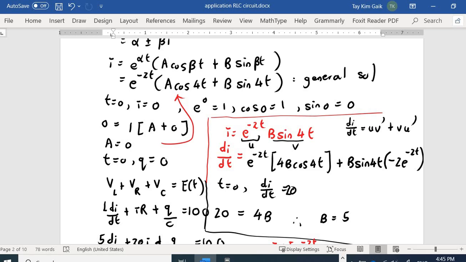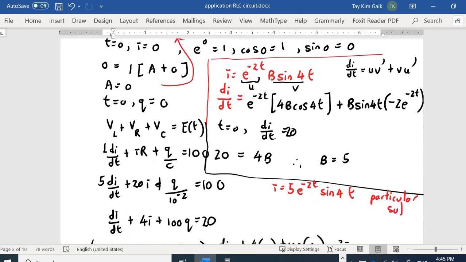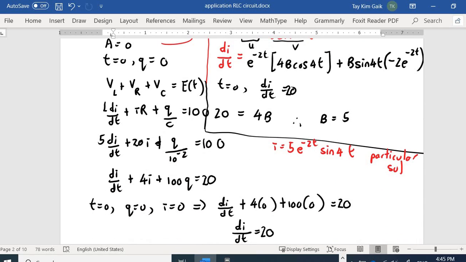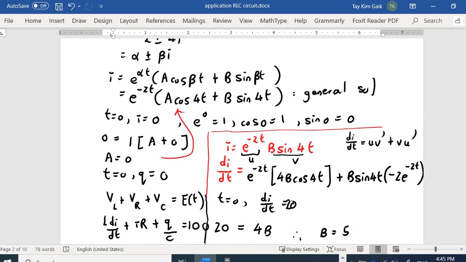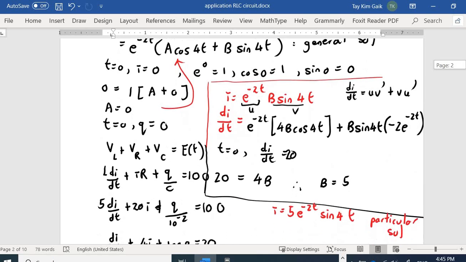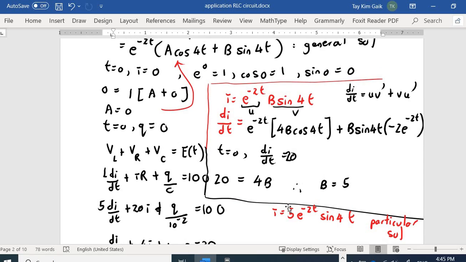However, we change it in terms of Q over C. Given t = 0, Q0, I0, we get di/dt equal to 20. After we plug in A equals 0, we are still left with P. So we find di/dt and plug in t = 0, di/dt equal to 20, to obtain the P.